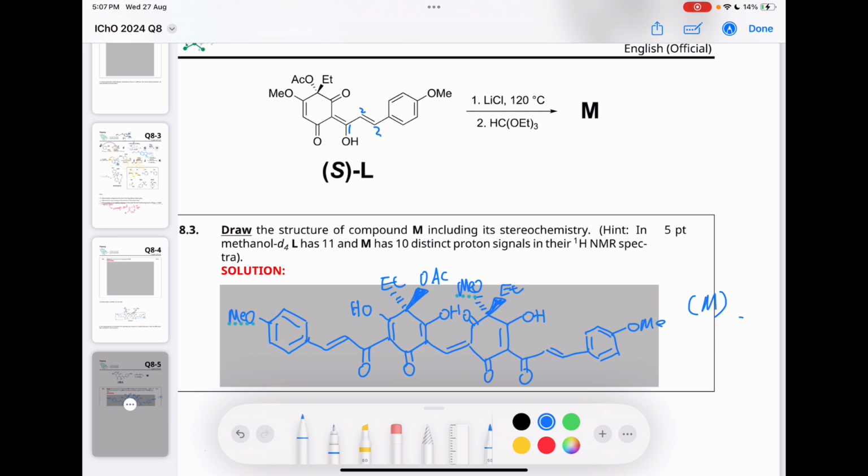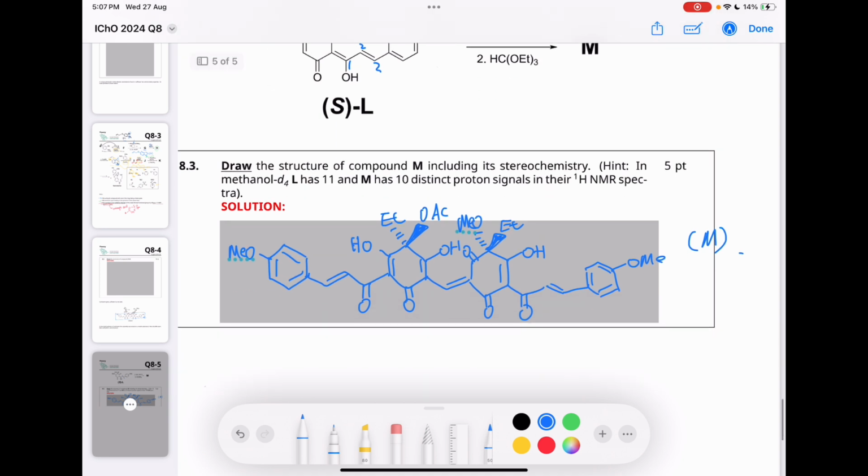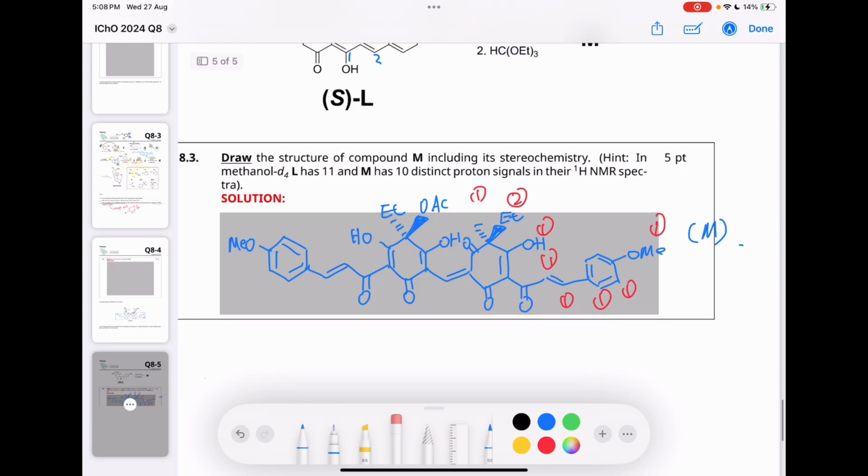However, let's check how many NMR signals it has. So it has one here, one here, one here, one here, one here. One, two, one. Oh, sorry, I made a mistake. This is supposed to be OAc. One.